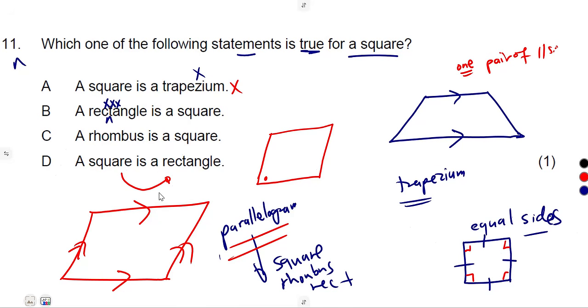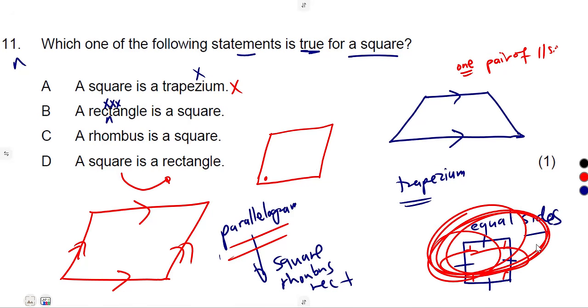Opposite sides which are parallel, opposite angles which are equal. Only to say it has got the extended part of those opposite angles which are equal. They are all equal now in terms of the side, to say all the sides are equal. So in that case, guys, a square is a rectangle.